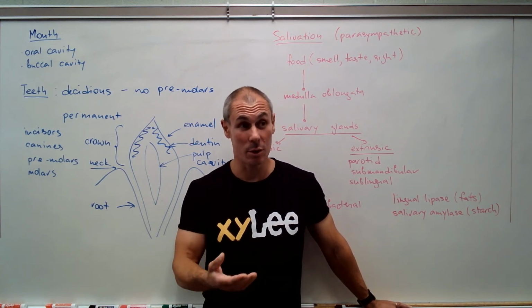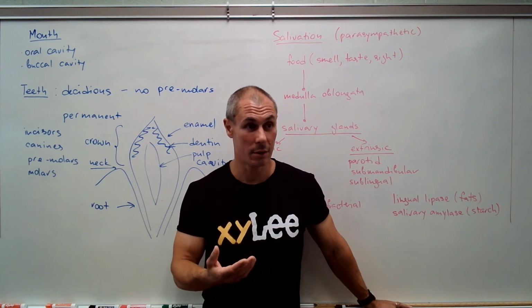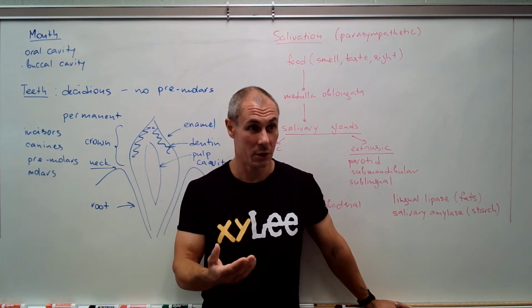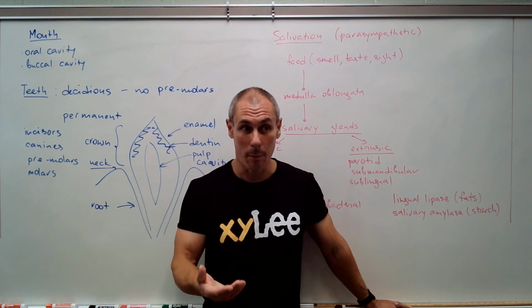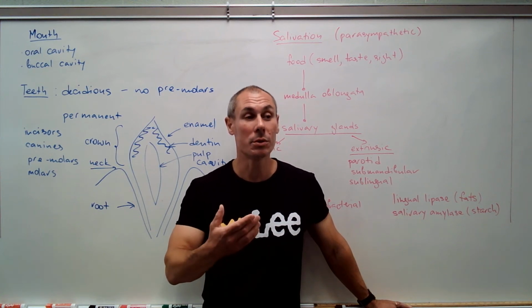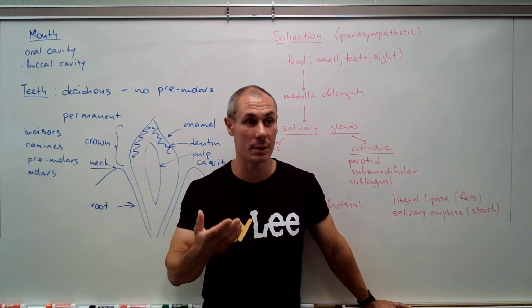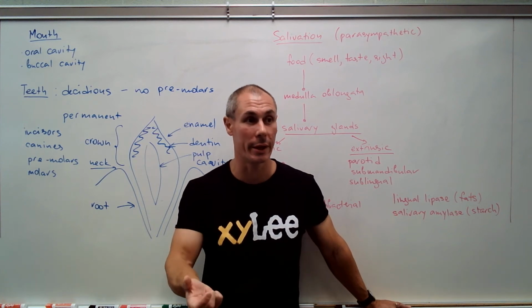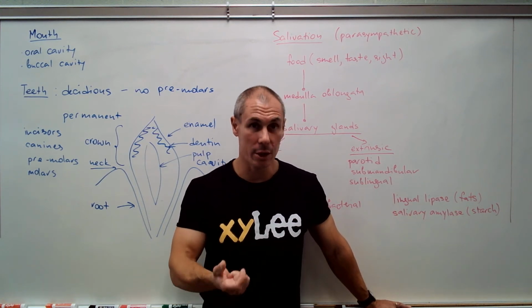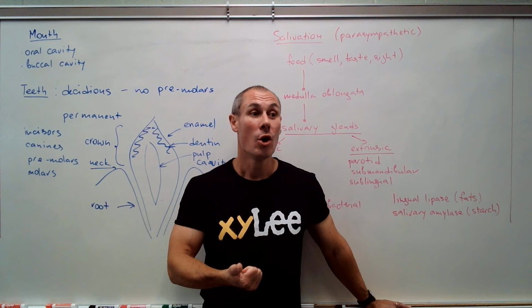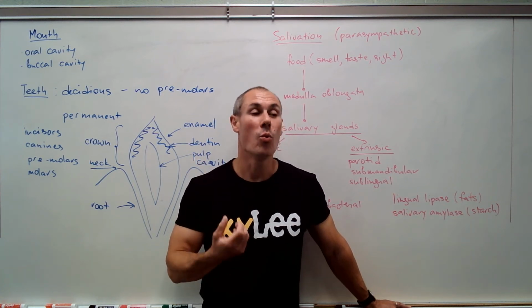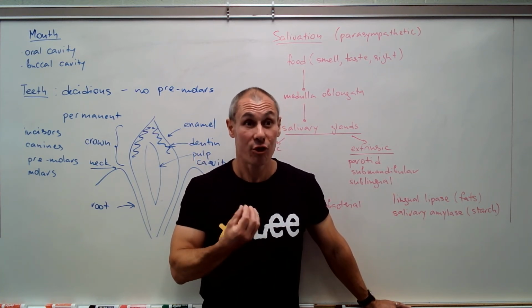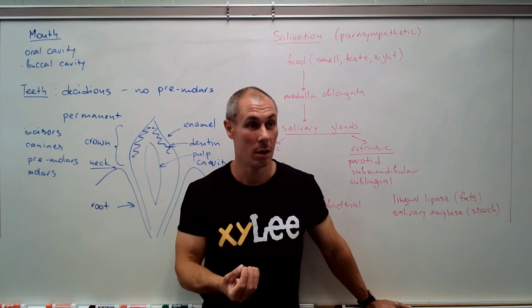I often ask this question: what is the ultimate source of all fluids produced in the body? Where do all the fluids that are produced in the body, saliva, urine, gastric secretions, pancreatic juice, CSF, where do they get water from?